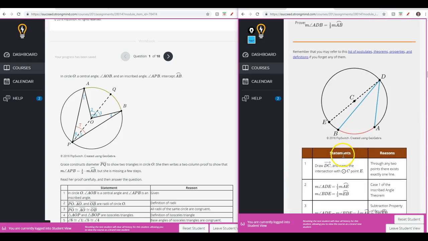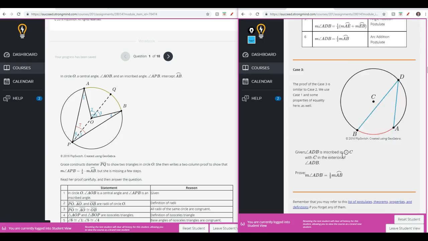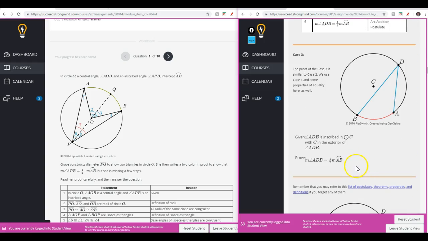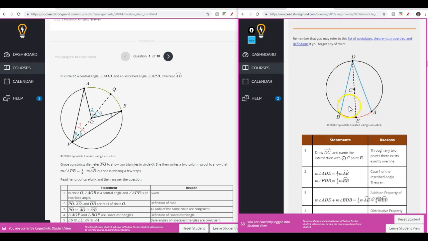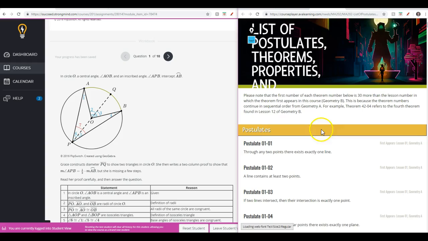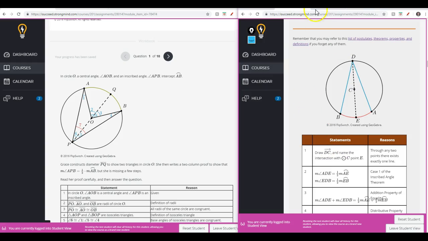Okay, so there's 3 cases. I'm noticing that this is this case. Hey, that is a good website to have. Okay.